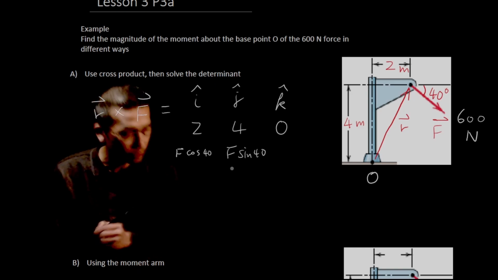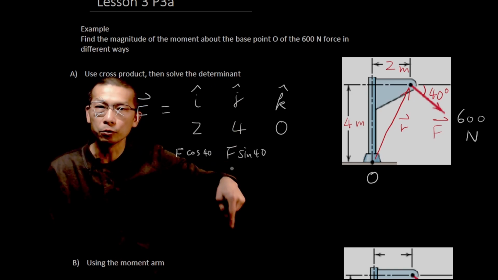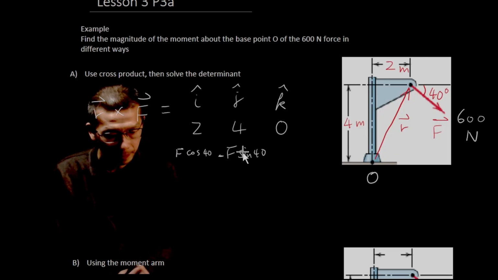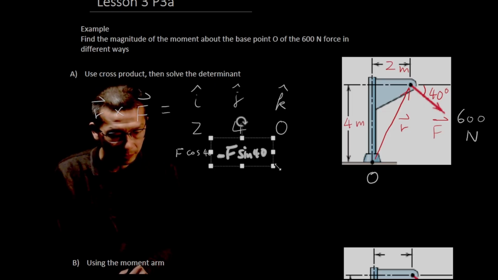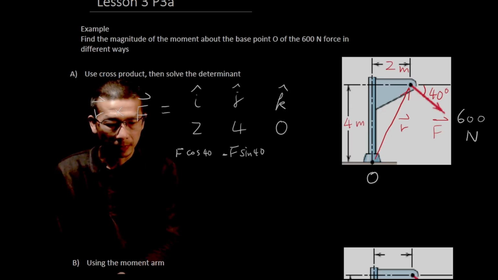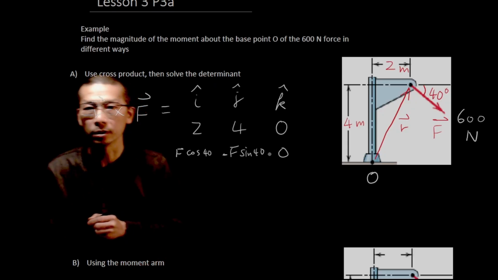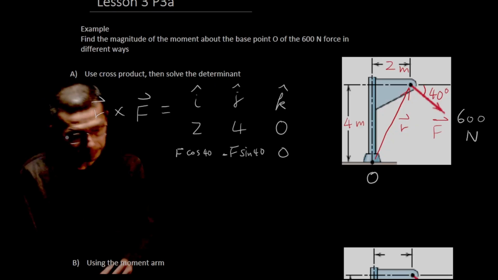Now, it's in the downward direction, so it's negative. And the K component, 0 again.